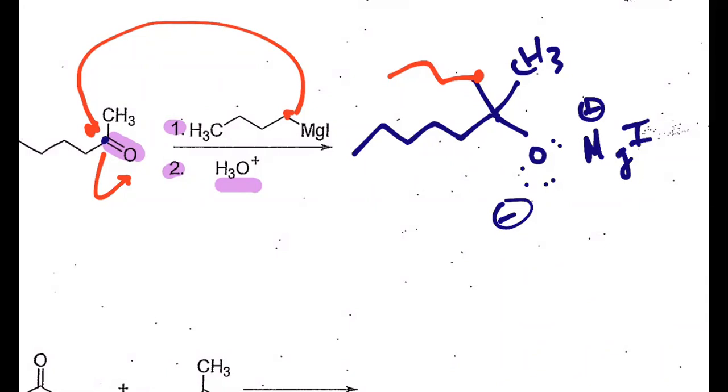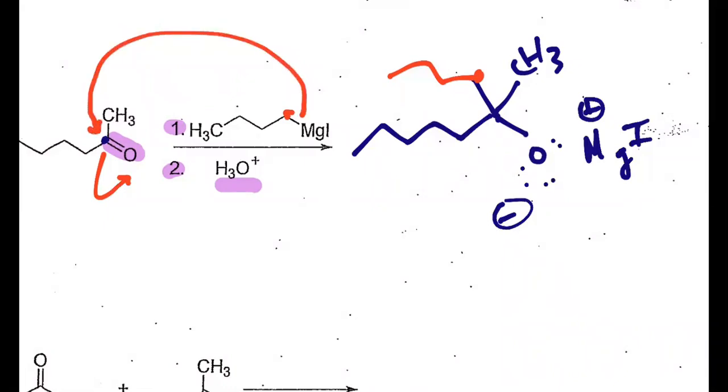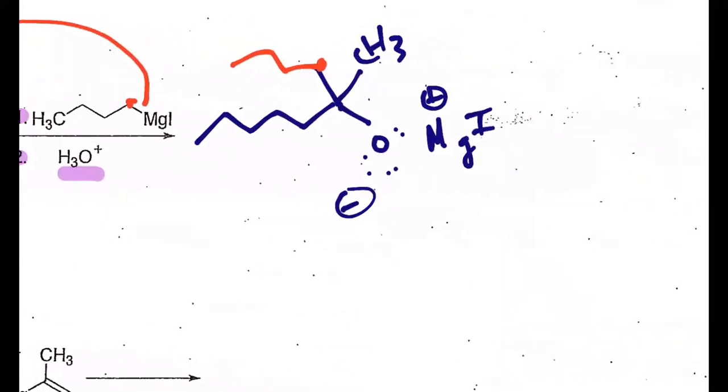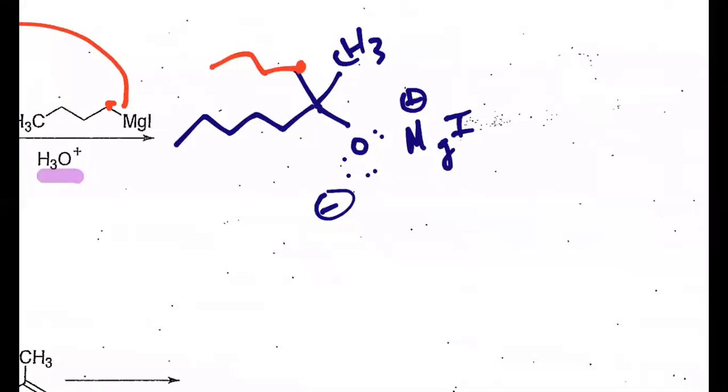This is the intermediate, right? We haven't gotten to the product. So that's my intermediate, and then I'm going to add H plus to that. But in this case, let's make up an acid because I don't want y'all to be confused, let's just use HCl. Because H3O plus is a generic, that can be any acid.